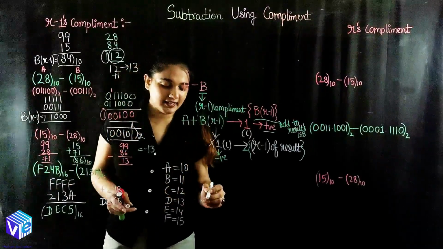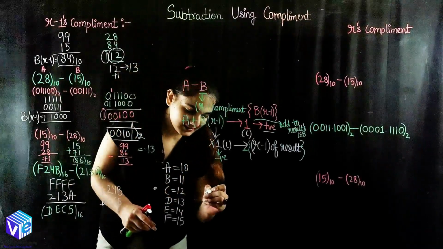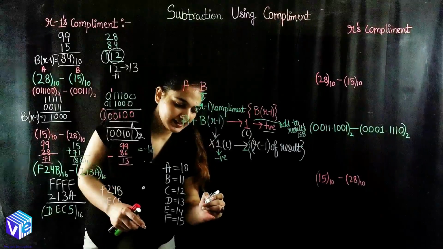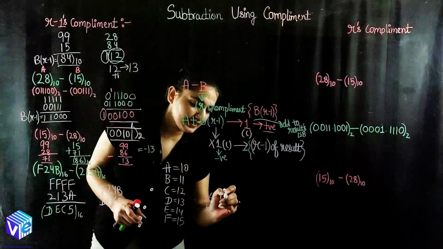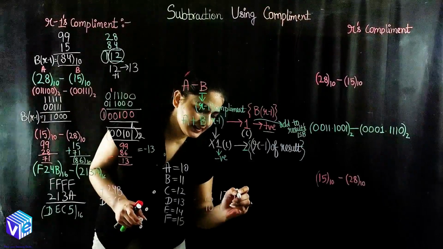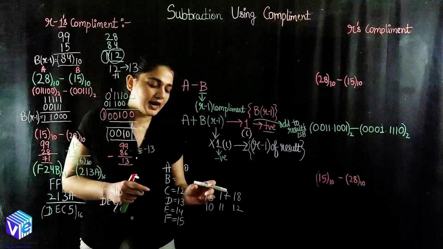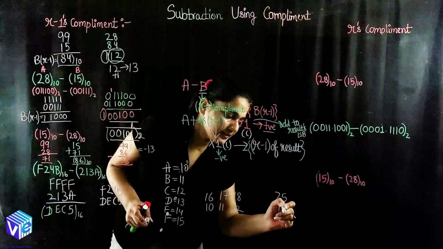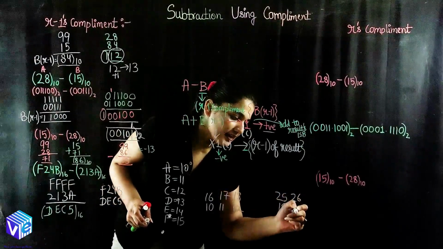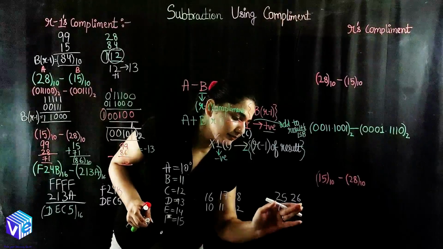Now after 15 we will be having 16. 16 is represented as 10 in hexadecimal, 17 as 11, 18 as 12. Now 25 will be represented as 19, 26 as 1A.